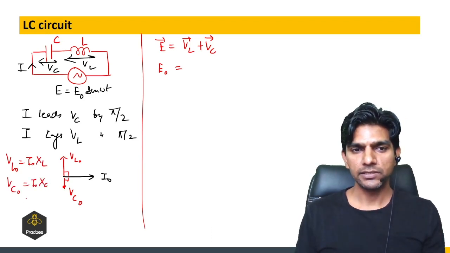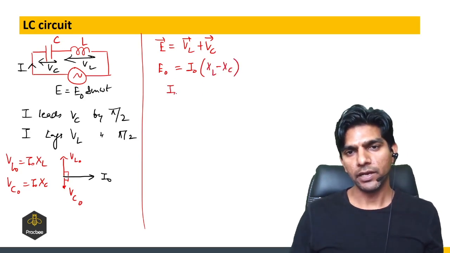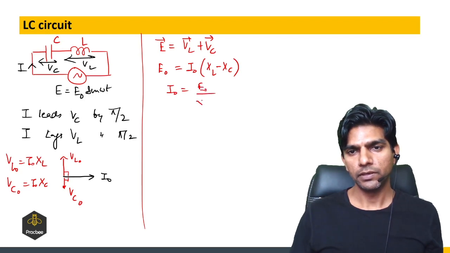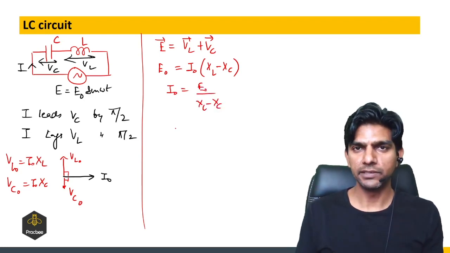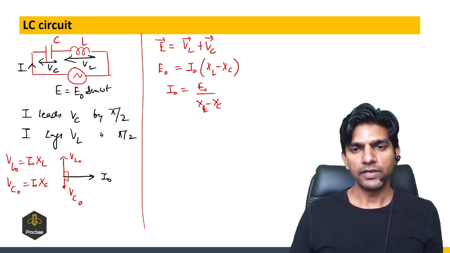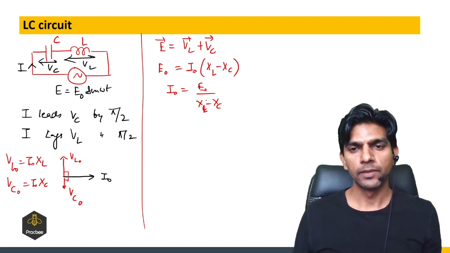If XL is greater than XC, then the resultant will be I naught times XL minus XC. Is it clear? Now from here, I naught comes out to be E naught upon XL minus XC. So here I have assumed that XL is greater than XC. If XC is greater than XL, then the denominator will be XC minus XL.